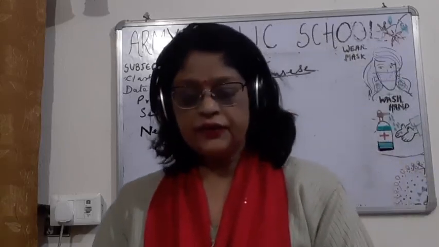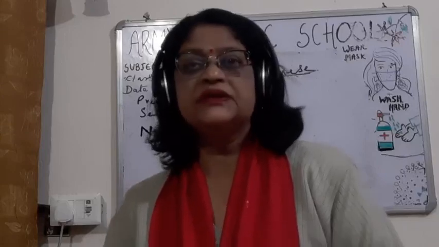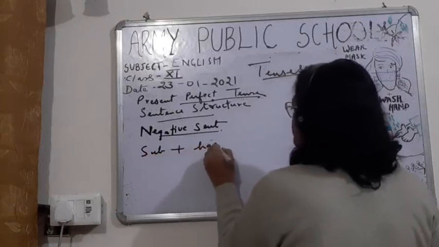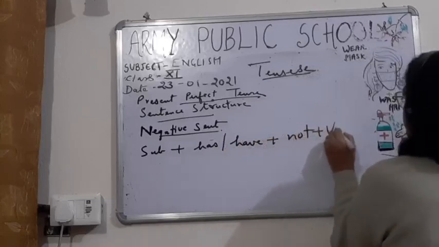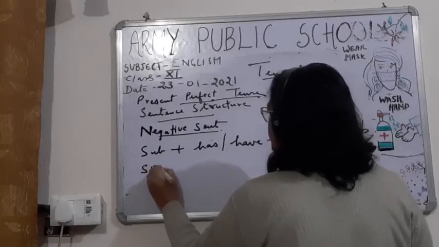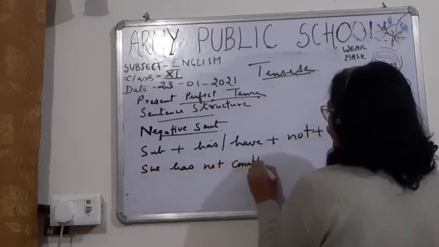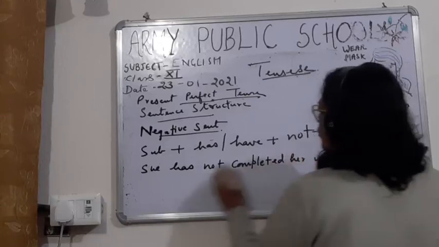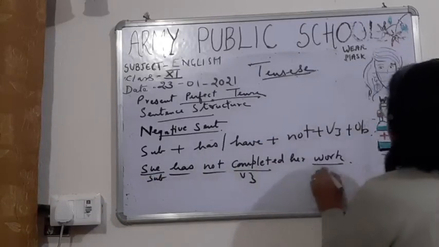The sentence structure of negative sentence will be subject plus has or have plus not plus V3 plus object. Let me write it. Like, she has not completed her work. Has not completed. This is subject and this is object.